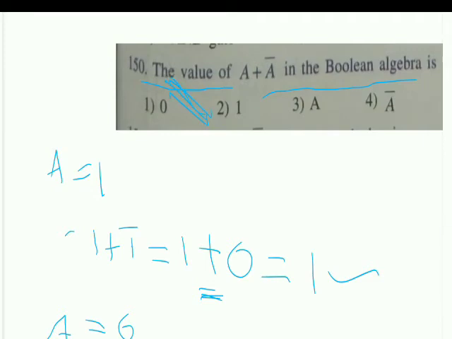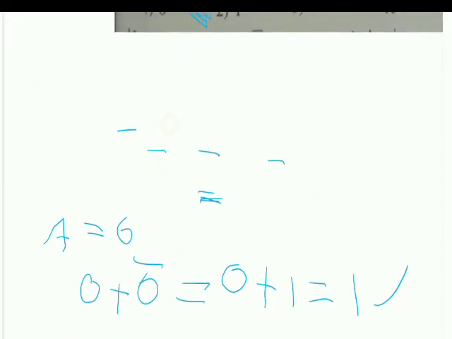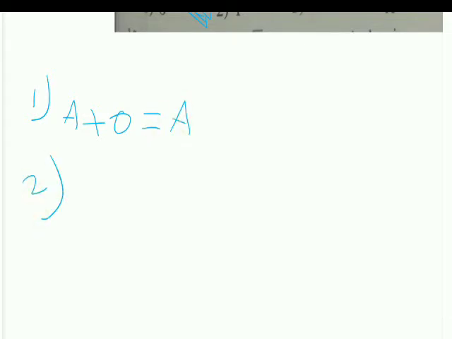The basic relations for the OR gate. First one, A plus 0 is equal to A. Second one, A OR 1 is equal to 1.